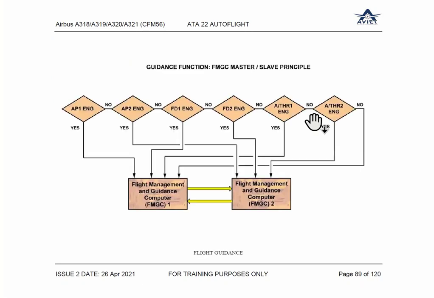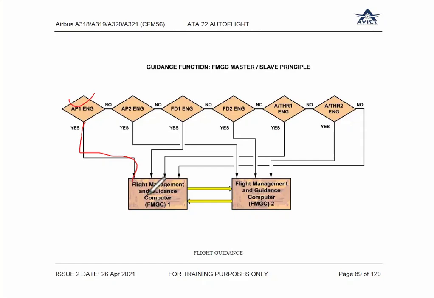Okay, just follow this diagram. It's very simple to understand who will be the master and who will be the standby. If autopilot 1 is engaged, then your FMGC 1 is master.